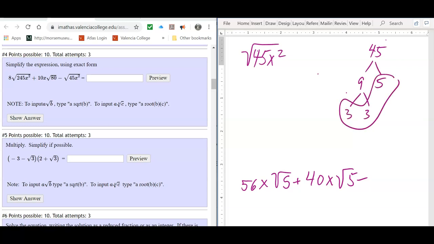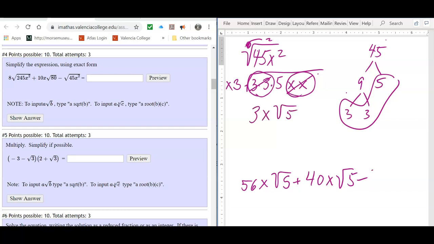So my prime factorization is 3 times 3 times 5, and then I expand out my x squared as x times x. My group, once again, is a 2. The reason it's a 2 is because if there's nothing specified, it's a 2. So I look for groups of 2 of a kind. I have 2 3s, so one member comes out, and one member of the x's comes out. The other member gets thrown away, and I'm left with 3x square root of 5.